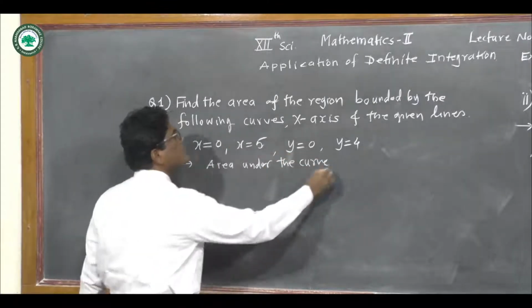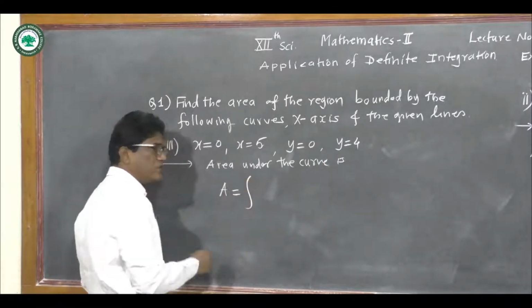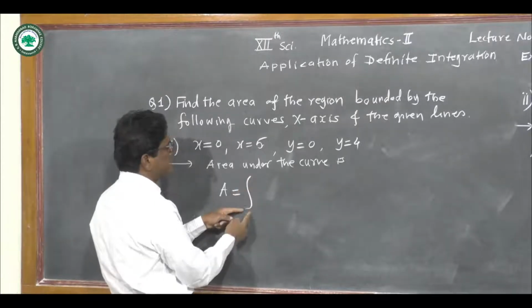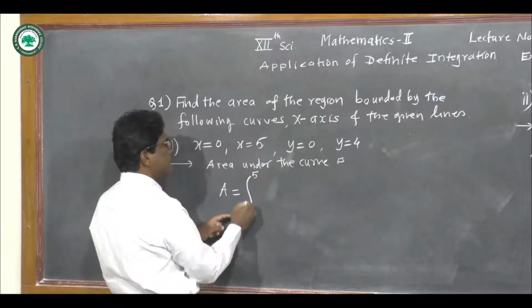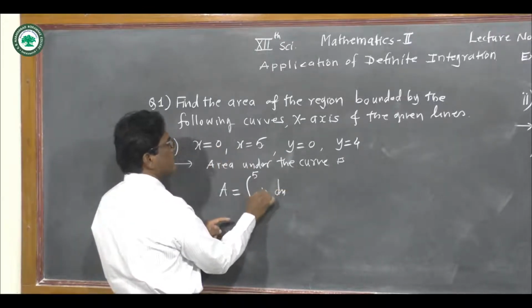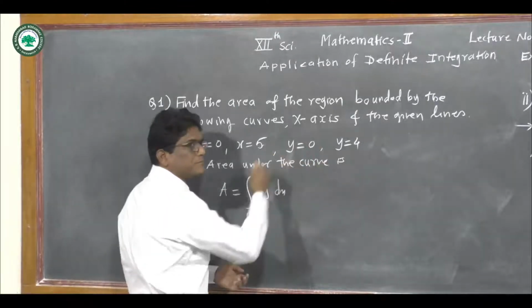Area under the curve is A is equal to integration, without drawing the figure. Here we take the values of x, 0 and 5. Lower limit 0, upper limit 5. These are the values of x, so here dx. So take here y dx. Now put the value of y as 4.